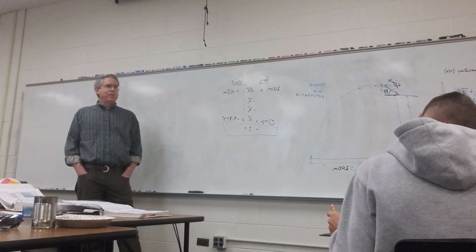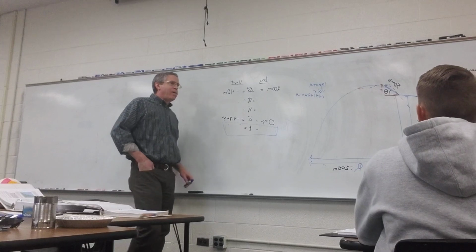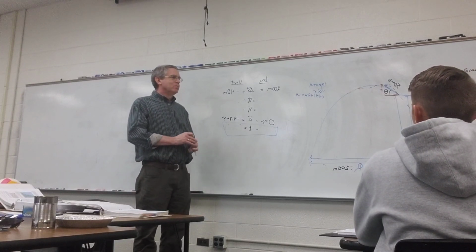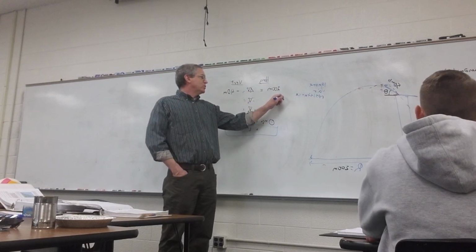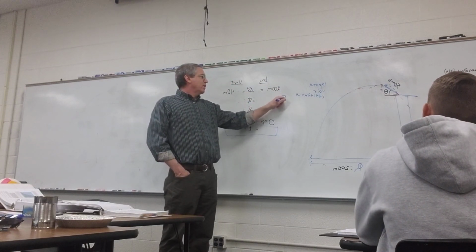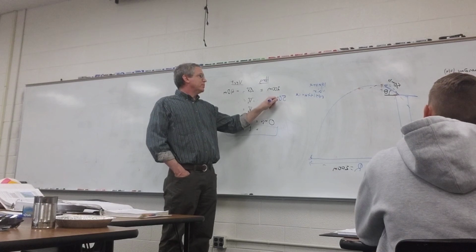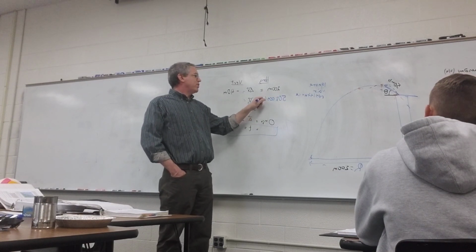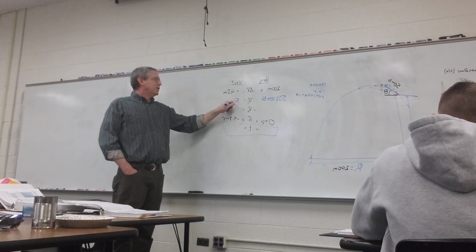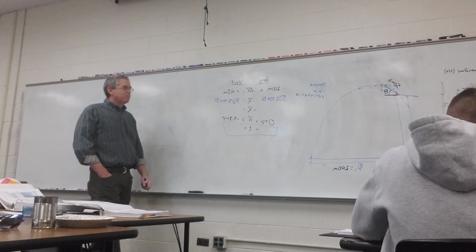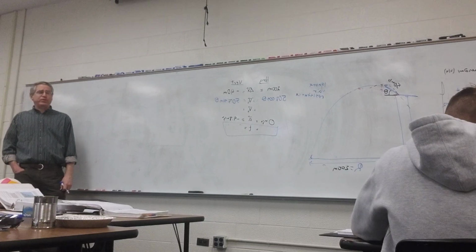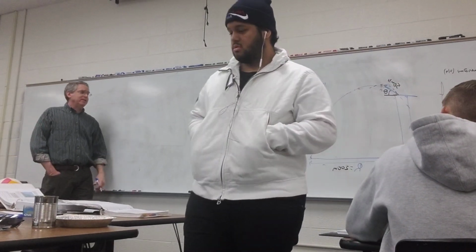Sine and cosine of the angle times the hypotenuse, which was 50 meters per second. Good. So this is 50 meters per second times the cosine of theta, and this is 50 meters per second times the sine of theta. Last time we happened to know what theta is, but this is the math that we did to get it.